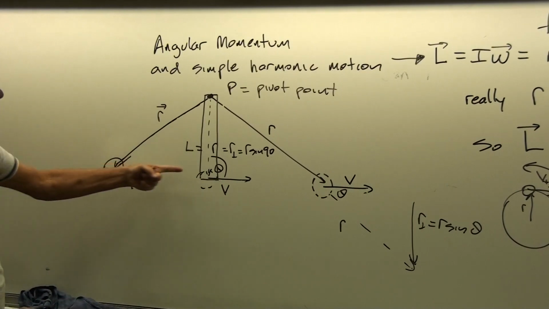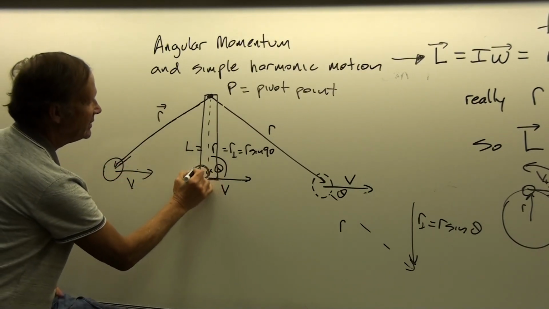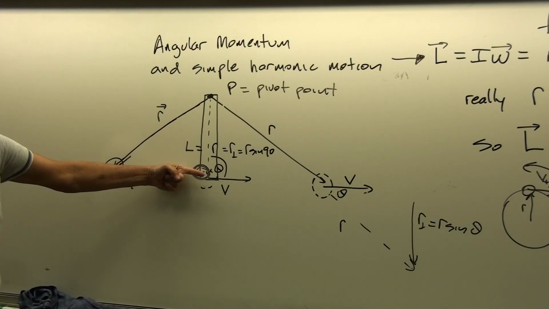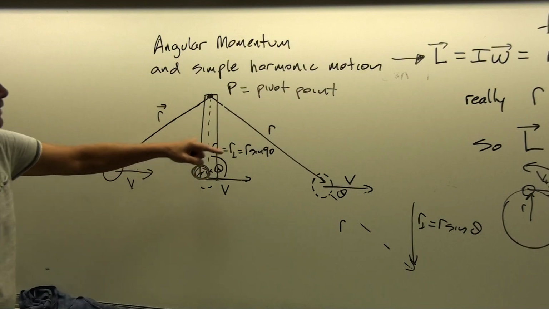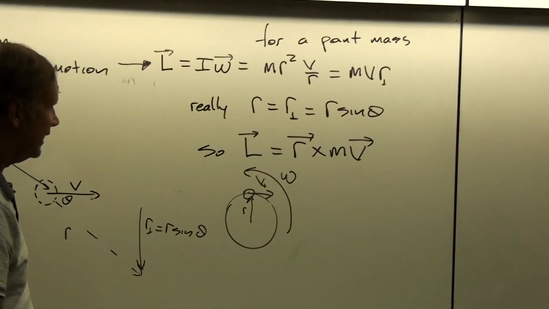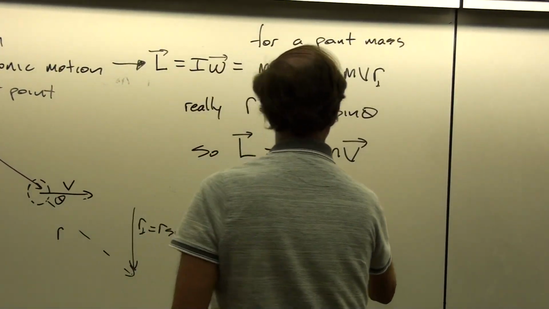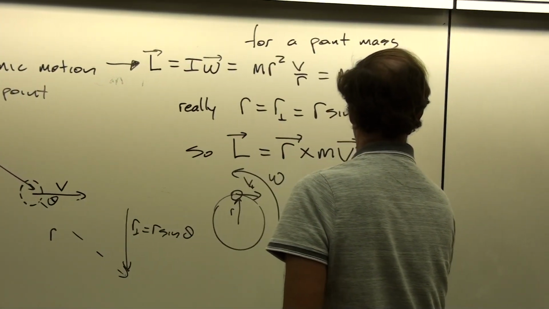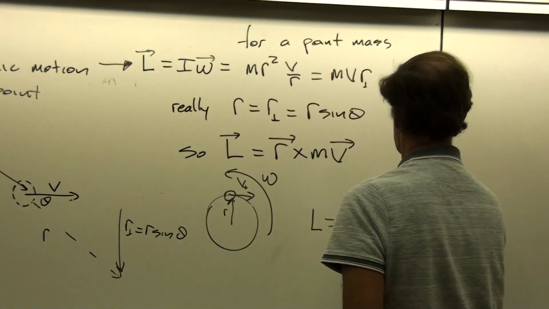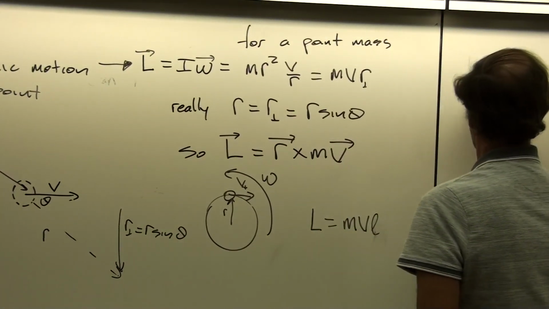Then, if this mass comes in and smashes into that rod at this point, then there's going to be a certain angular momentum that's equal to mv times r perpendicular, or in this case, that angular momentum would be mvL, where L is the length of the stick.